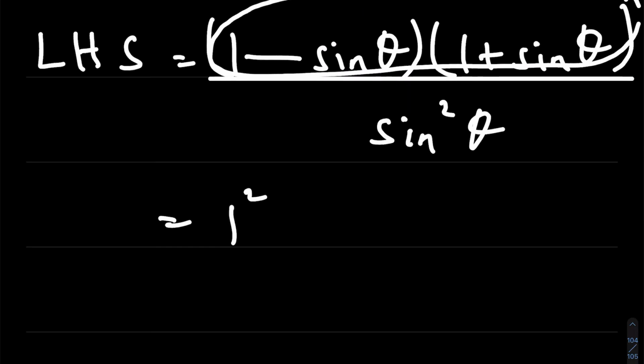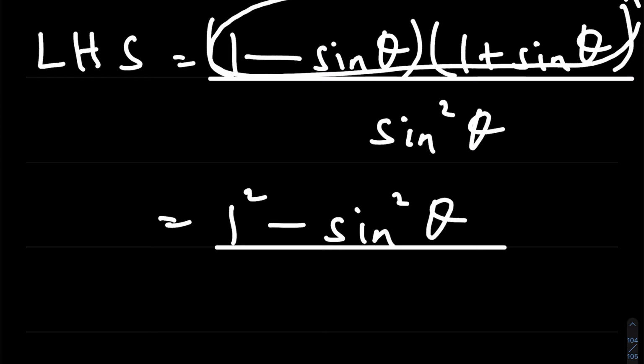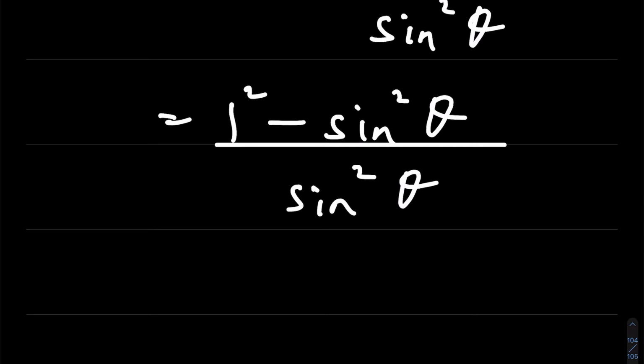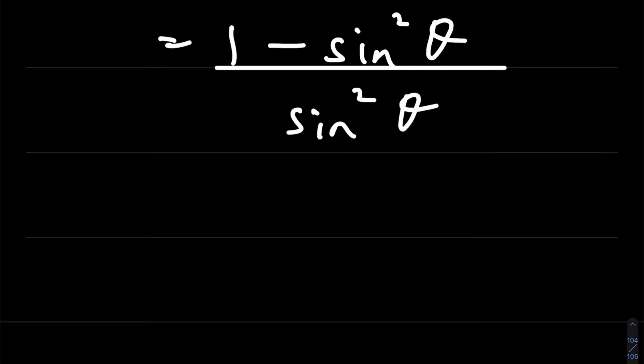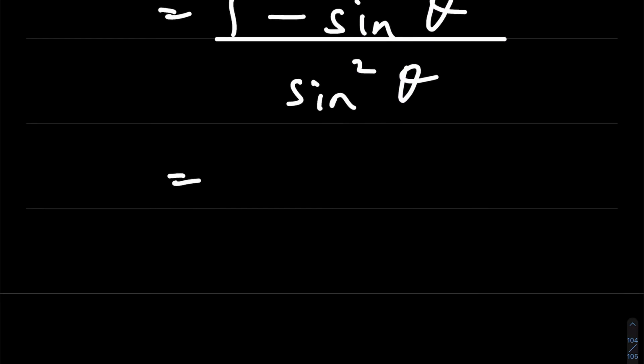It's the same as 1 squared minus sine squared theta all over sine squared theta. So 1 squared is the same as 1, so I can just write 1. And this simply means 1 minus sine squared theta is the same as cos squared theta.